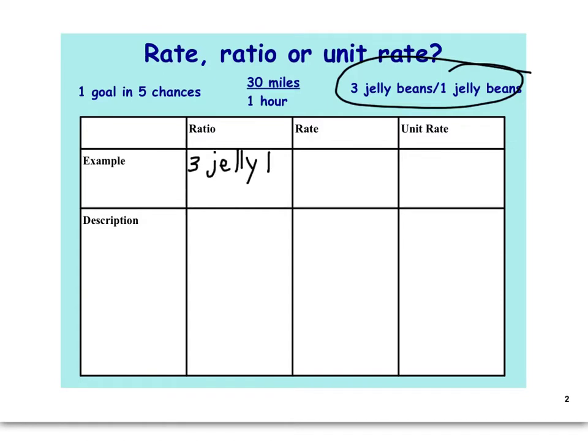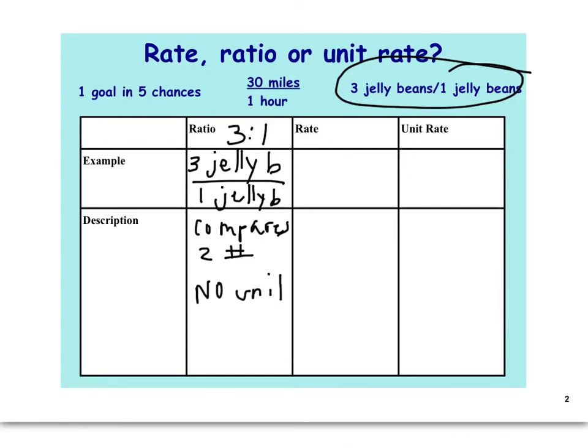The reason being is that we could cancel out those 2 units, so it could look like just 3 to 1. So I could show it like that or like this. Description is that it compares two numbers. It has no unit or the same unit.